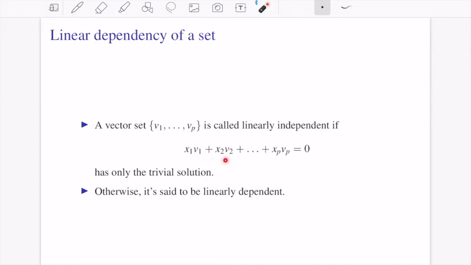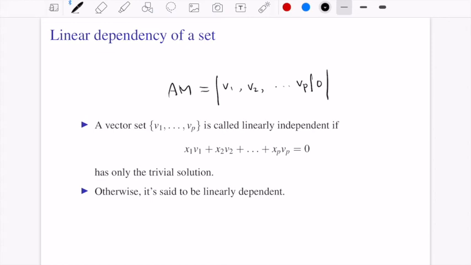So if we look at this vector equation, first of all, this is a linear system, and it's equivalent to solving the augmented matrix written like this. Well, when does it have a unique solution? This is equivalent to asking when the set is linearly independent.